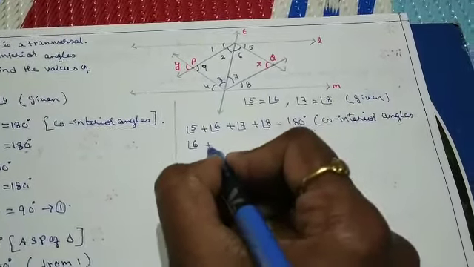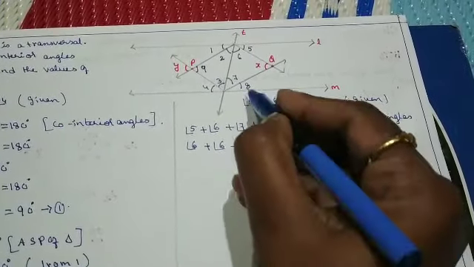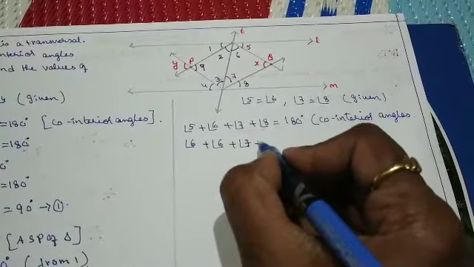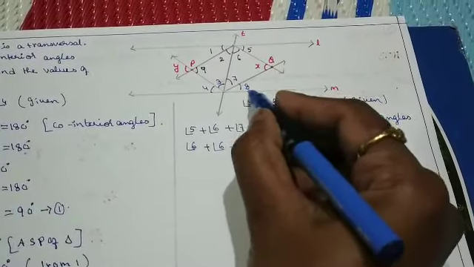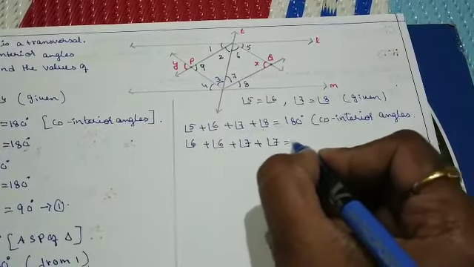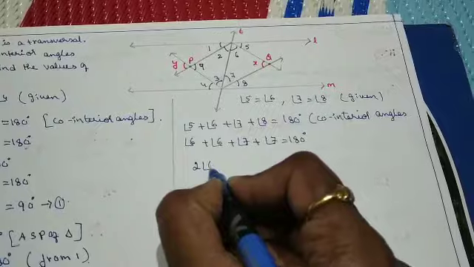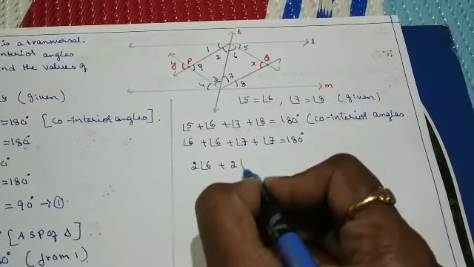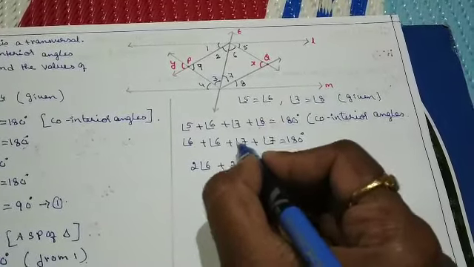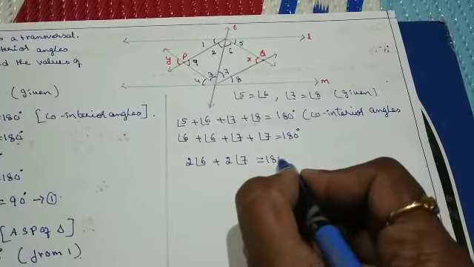Angle 6 plus angle 6 plus angle 7, which we require within a triangle, plus angle 8 outside the triangle, means angle 8 can be written as angle 7, equal to 180 degree. Then 2 times angle 6 plus 2 times angle 7, because angle 7 plus angle 7 is nothing but 2 times angle 7, equal to 180 degree.